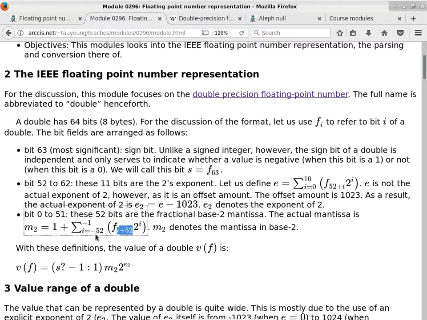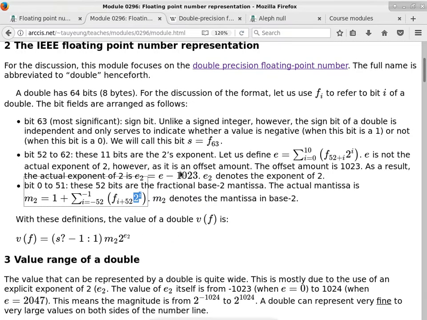And then the other part is saying what it is specifying in the mantissa. It's specifying how many 2 to the power of i's we have. So this 2 to the power of i would go from negative 52 all the way to minus 1, which is the half. Are we still doing okay so far with this sigma notation? And that's just the mantissa.